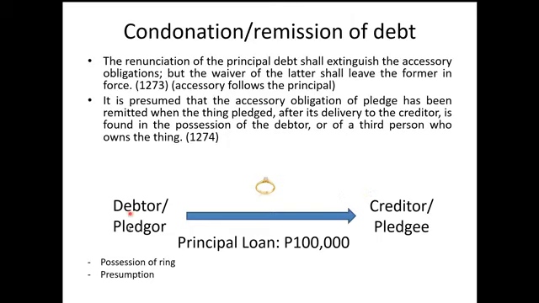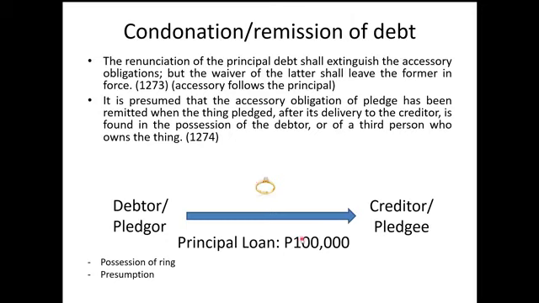Kaya ang tawag dito, debtor pledgor, ang tawag dito ay creditor pledgee. Now, take note in a contract of pledge, ang dapat may hawak ng object must be creditor pledgee or third person by common agreement. Ang problema, later on, itong sing-sing, hawak na ng debtor pledgor. Anong effect? The pledge is extinguished. But not the principal. Because the extinguishment of the accessory does not follow the extinguishment of the principal obligation.